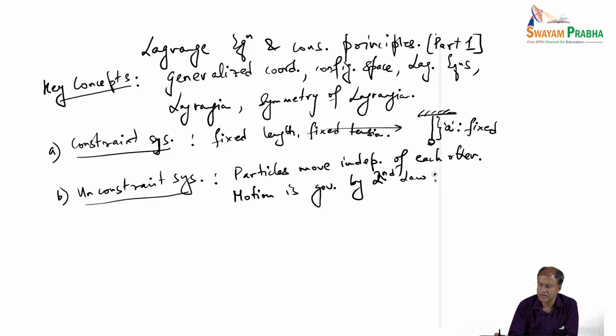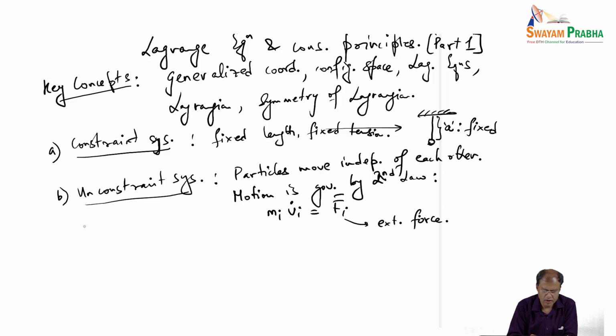So it is as simple as that. In an unconstrained system, writing equations of motion is very simple. We can clearly use Newton's second law, m_i v_i dot, the rate of change of velocity, is F_i, the external force. So that is a very broad classification of the type of problem.